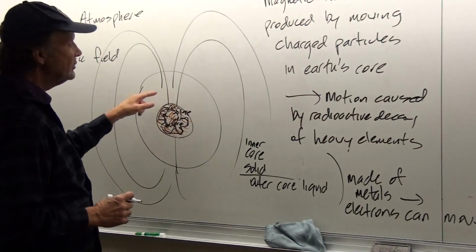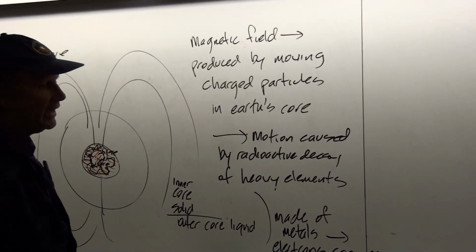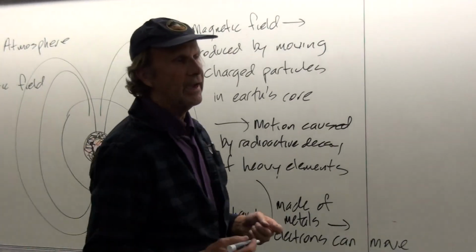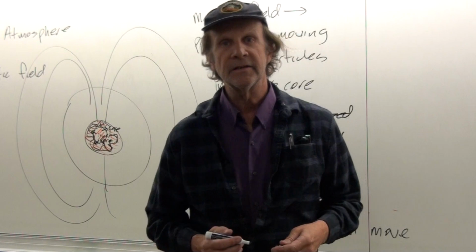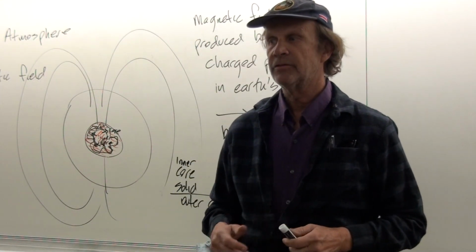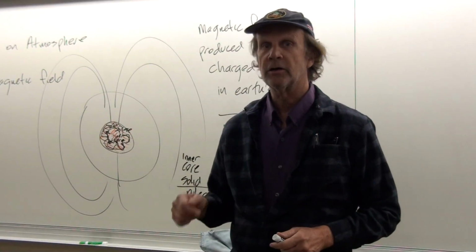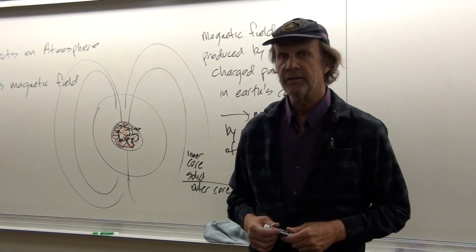And so these motions then produce the Earth's magnetic field. To try to understand that better, you need to take a physics class, but we can just state for a fact here that a moving charged particle produces what we call a magnetic field.